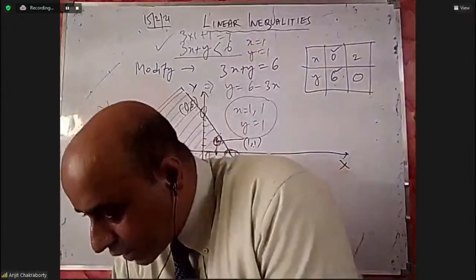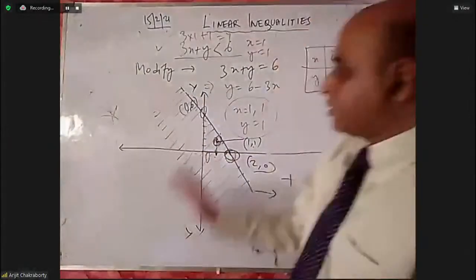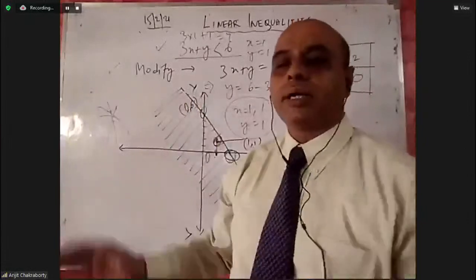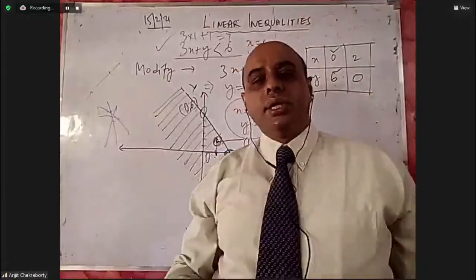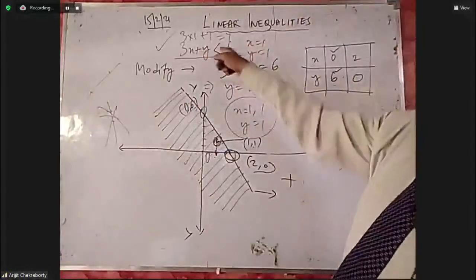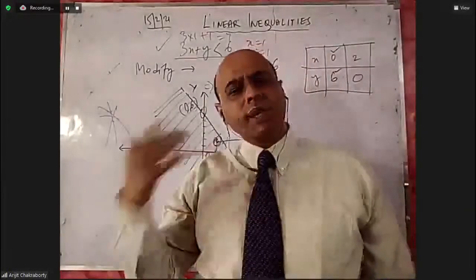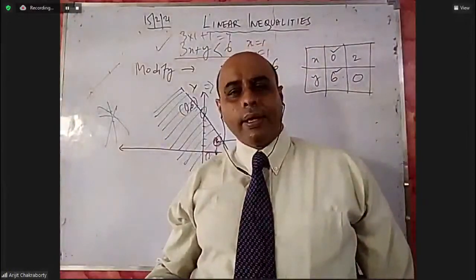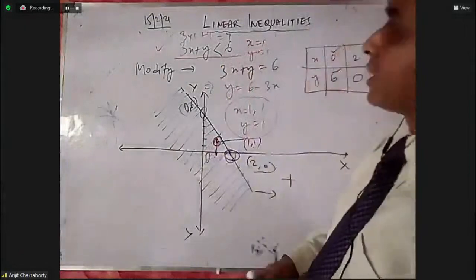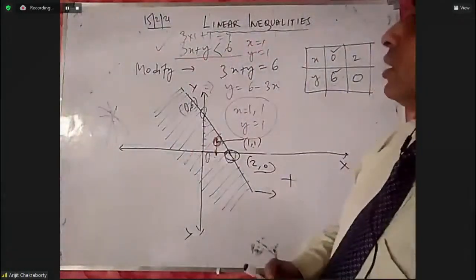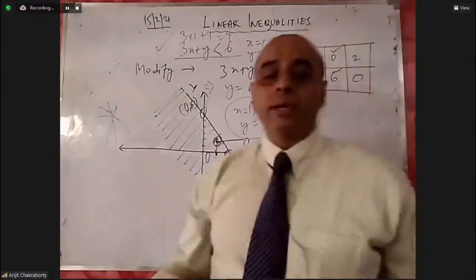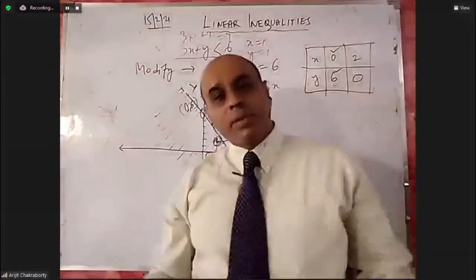Well, the shaded part, Hetvi from Gujarat, this shaded part is nothing but the solution to the inequation 3x plus y is less than 6. It can have multiple values, okay, right? So if you take, for example, x is equal to 0 and y is equal to 4, it will be less than 6.